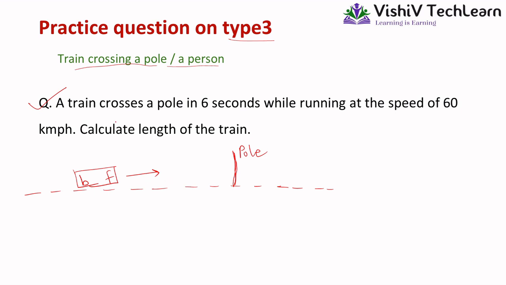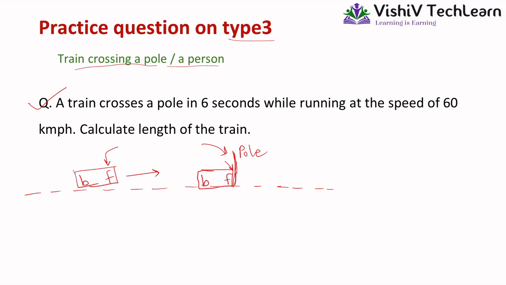Now the situation is: a train crosses a pole in 6 seconds. So this particular train is crossing this pole in 6 seconds. Now, this train crossing this pole means what? The front side of the train is touching the pole. The pole and the front side of the train are in line. This is the start of crossing the pole.